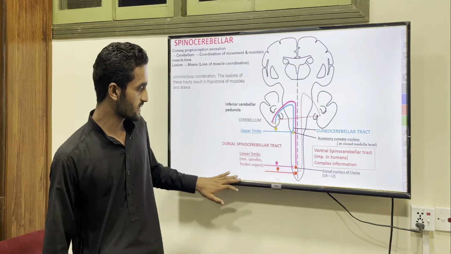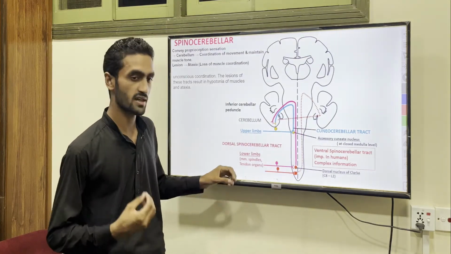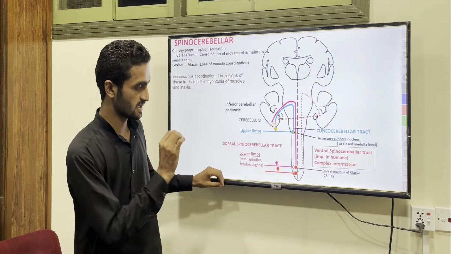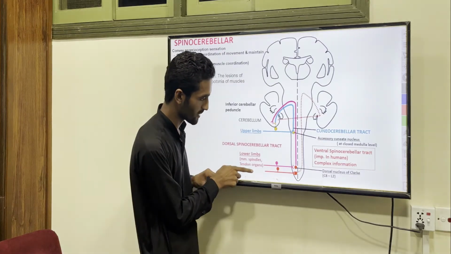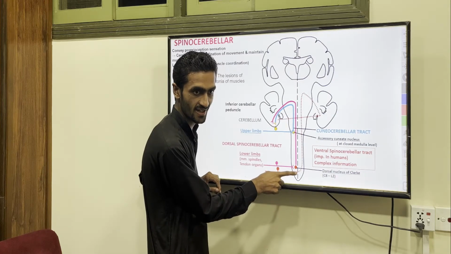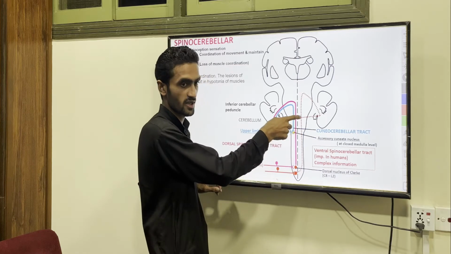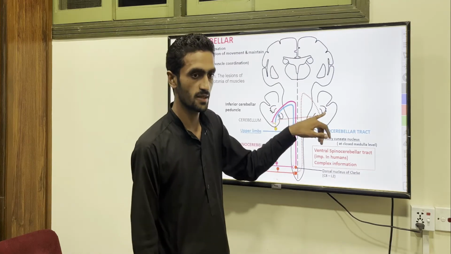So now look at the ventral. Most of my friends I have seen are confused with the ventral pathway. It's a little bit complicated. Let's follow the pathway. This is first. Does it cross the midline or not? It crosses the midline. Second, now the second is going upward and entering the cerebellum. Third?